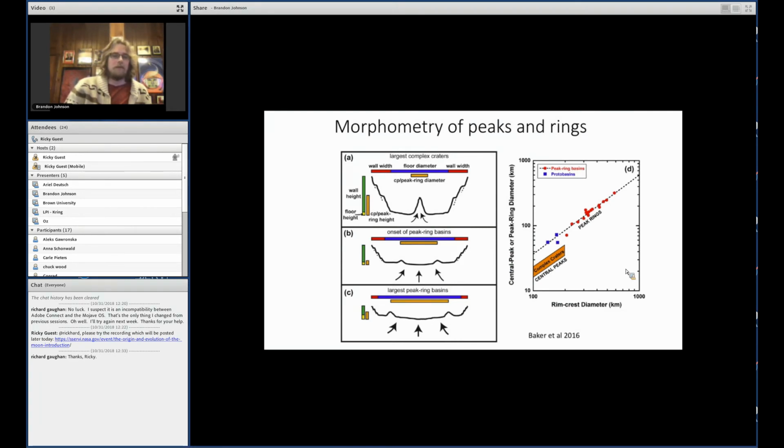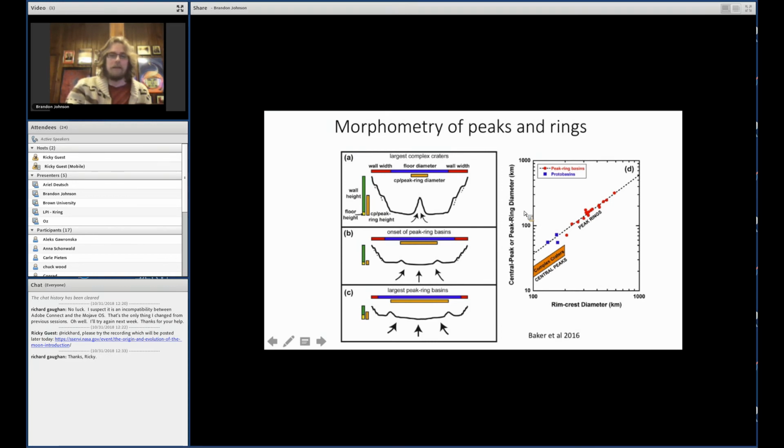Okay, so a little bit more detail about basin rings. We have some nice work by Baker et al. showing the morphometry of peaks and rings. On the left is just showing how these different things are measured.